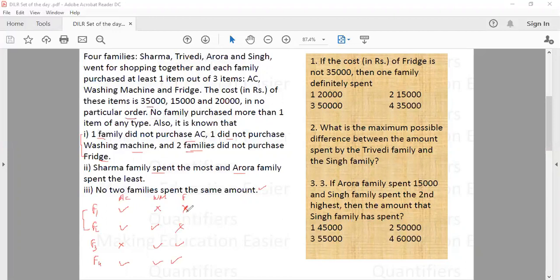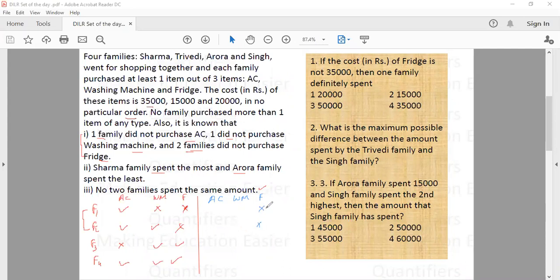Okay, now in this case, what I have taken is that the family which did not purchase a fridge also did not purchase the washing machine. But there can be another case. Let's say, again, I'm writing here AC, washing machine and fridge. Let's say this family did not purchase a fridge, right?